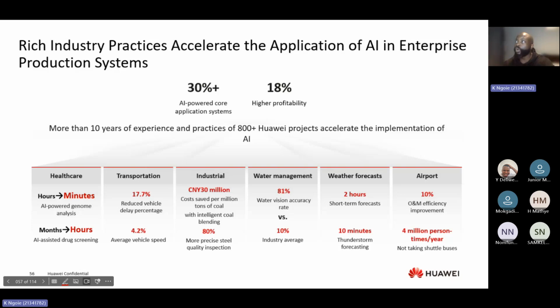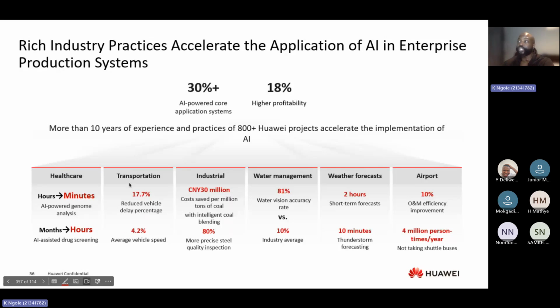There have been a lot of projects that have been accelerated by using the Huawei ModelArts platform. In the healthcare system, there have been AI tools that used to take hours, but now it's done in just a few minutes. Others were taking months. In terms of drug screening, for example, now it takes just a few hours.